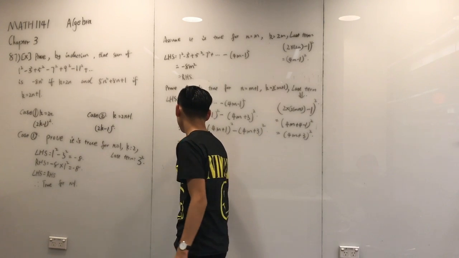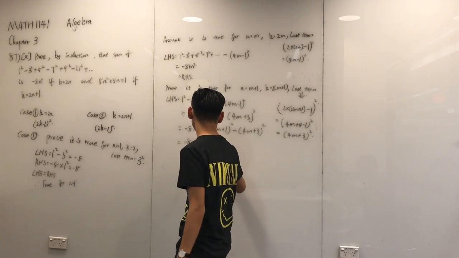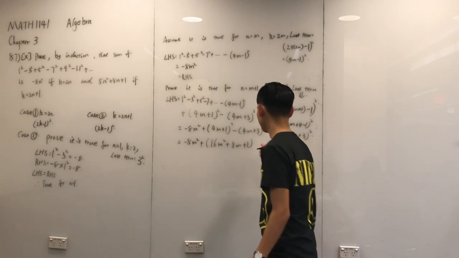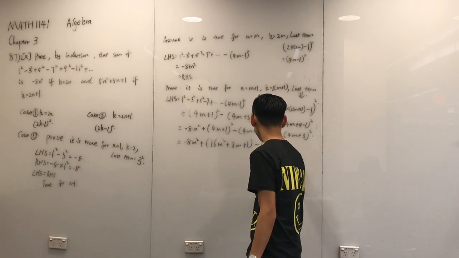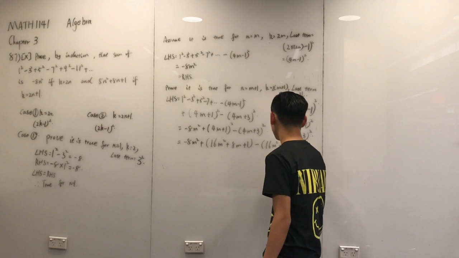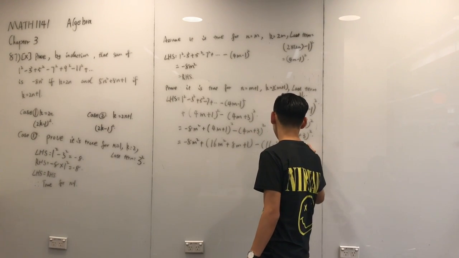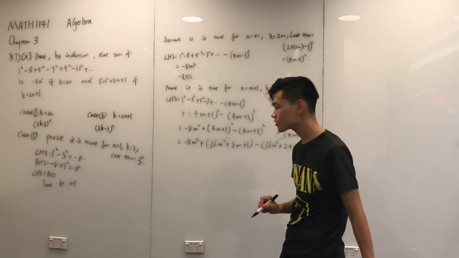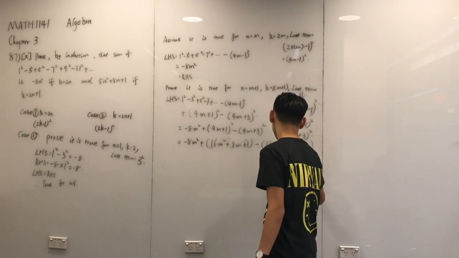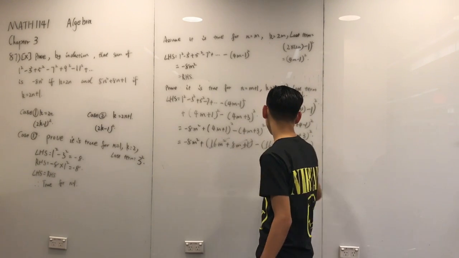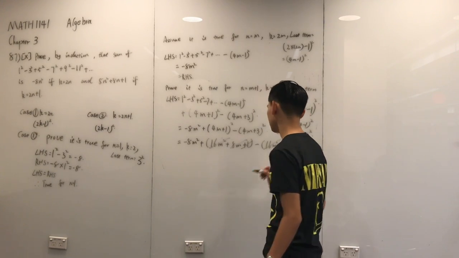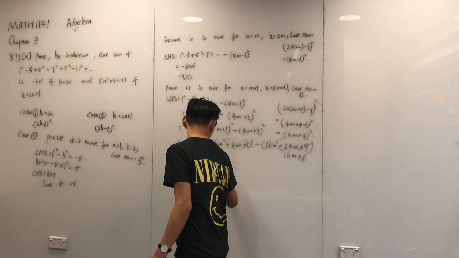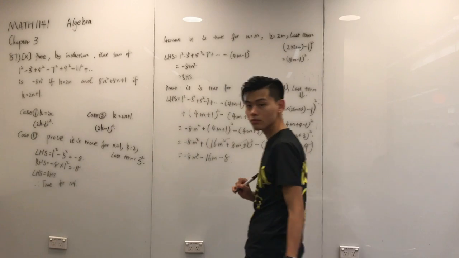So, which is plus 16m squared plus 8m plus 1, minus 16m squared plus 24m plus 9. The 16m squared cancel out. 8m minus 24m, we got negative 16m left. 1 minus 9, we got negative 8 left. So what we got is negative 8m squared minus 16m minus 8, right?